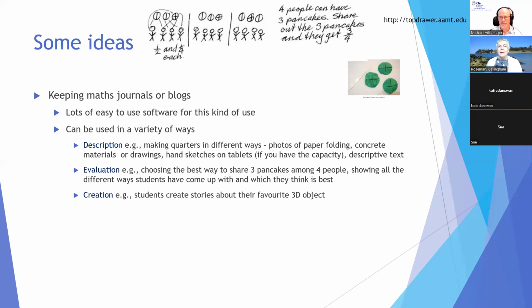You can create things. We don't do enough of this in maths either. Why don't we take a 3D object and create a story about it? There are a couple of quite famous books. One is called Flatland. It was written in about the 1930s, and I have an original copy, in which it describes life from a 2-dimensional perspective.